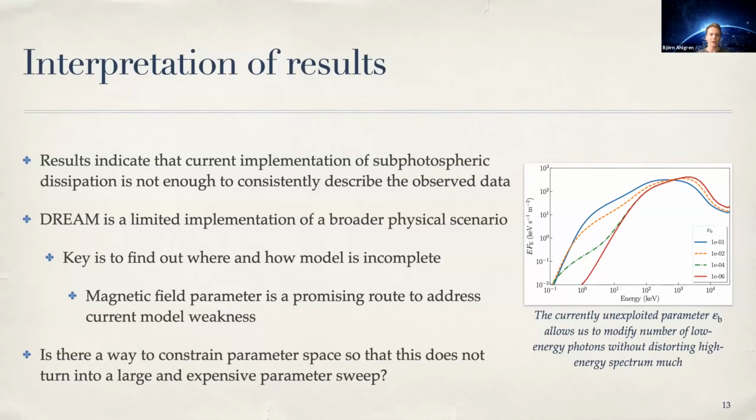But before I end, I want to segue into my current work by asking the question if there is a way to constrain this model, or photospheric models in general, which do suffer, as it was discussed yesterday, from poor predictability. So that this does not turn into a large and expensive parameter sweep or a hunt for yet another second-order effect, probably relevant second-order effect, but still these additional physical effects.